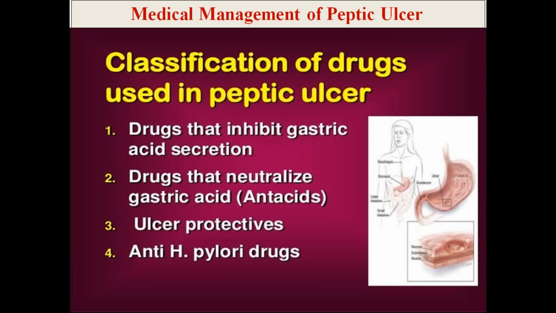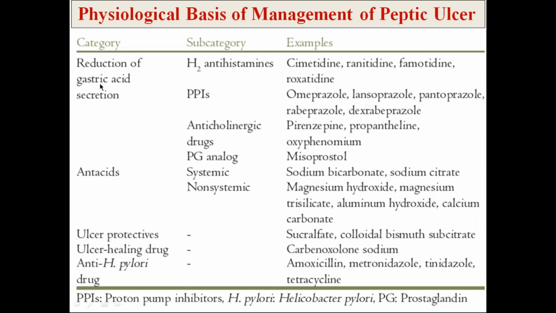So you have drugs which can inhibit gastric acid secretion, drugs which can neutralize the gastric acid, ulcer protective drugs, or anti-Helicobacter pylori drugs. This is by and large the broad classification of the peptic ulcer drugs. So you're familiar with this now.